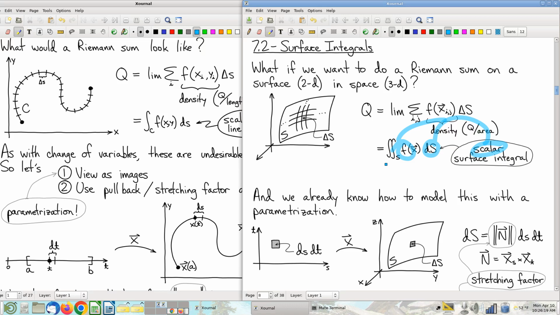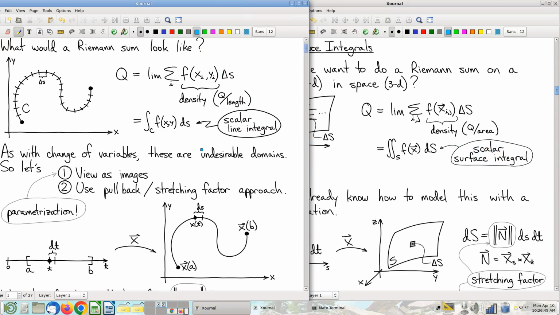This integrand density type thing is a scalar. And again, why do we feel the need to have this qualification in here at all? Well, it's because there's another one coming. And you can probably guess. I'm going to go ahead and give it away because this is obvious. It's going to be called a vector surface integral, right? But we're not ready to talk about that just yet. We'll get to that very soon, later today.